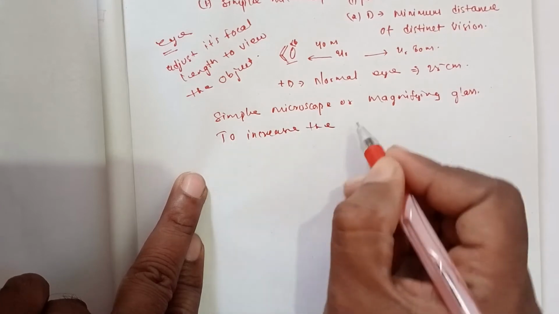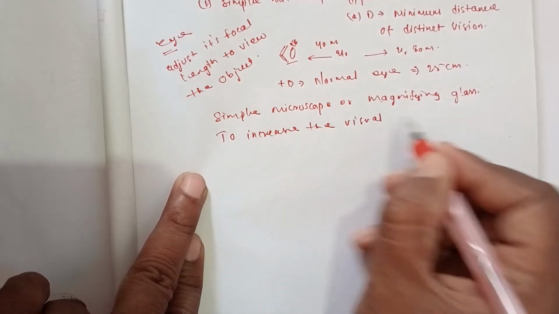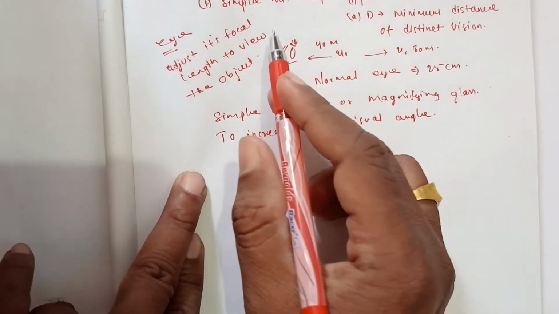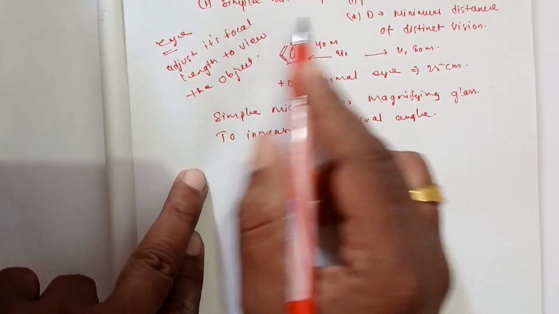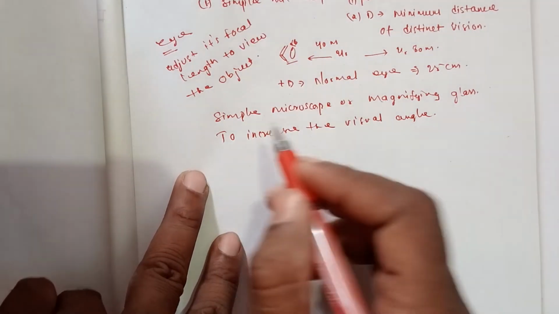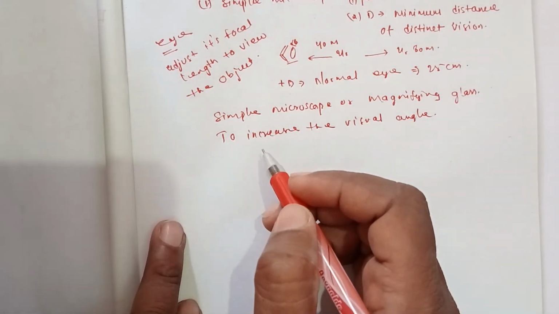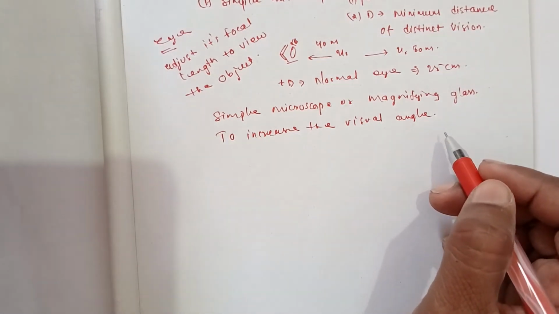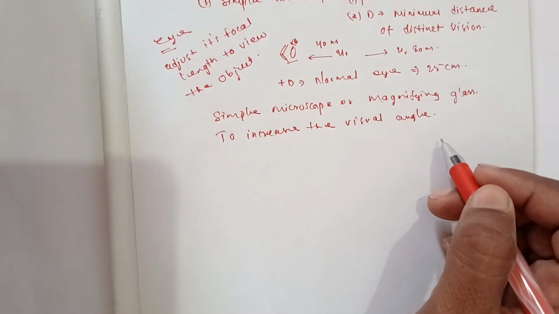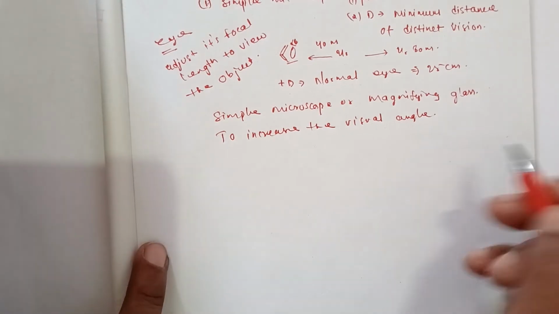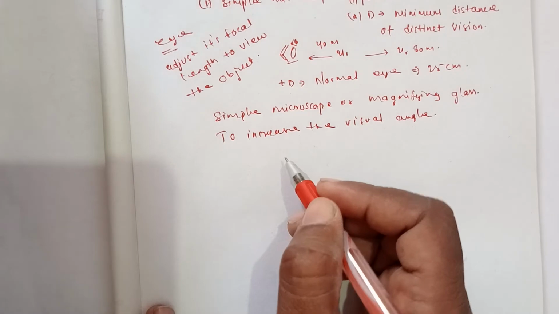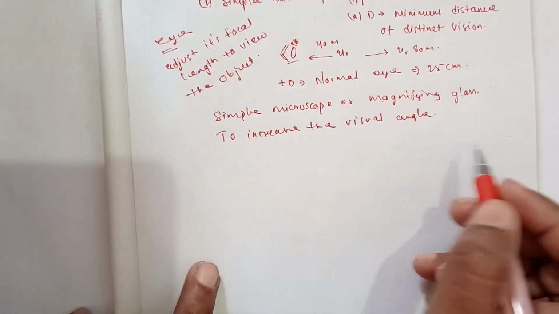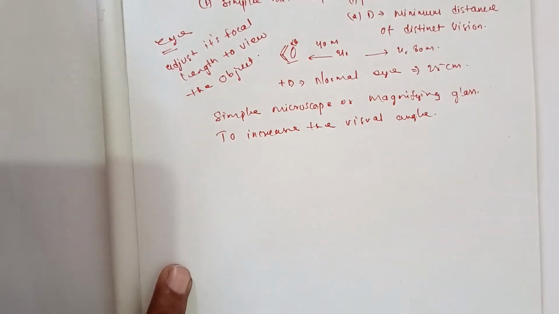These optical instruments, whatever they may be, the simple microscope, the compound microscope, or the types of telescope that we are going to discuss, will increase the visual angle. So first we'll discuss a few things about the simple microscope.